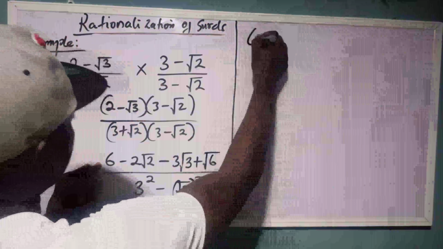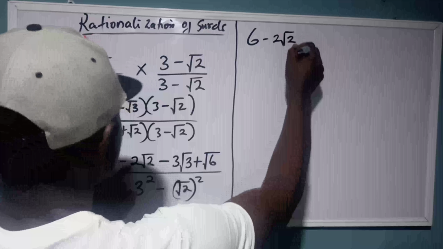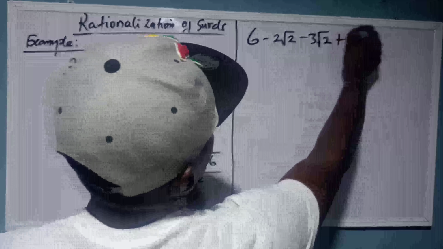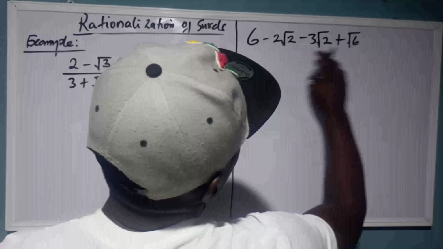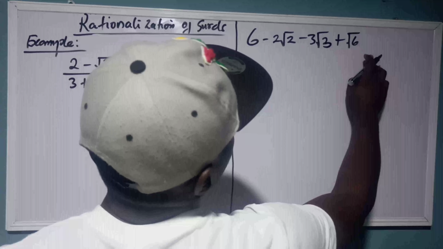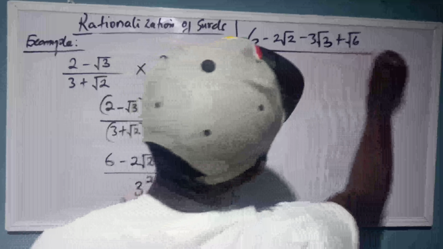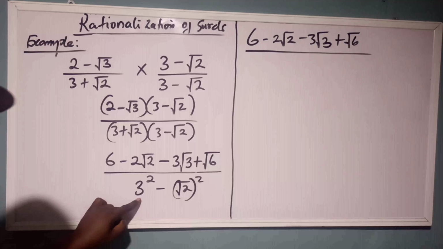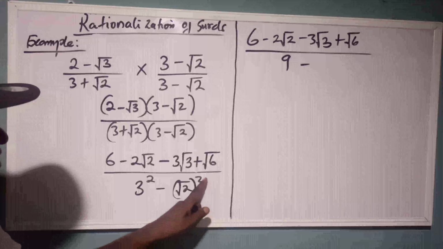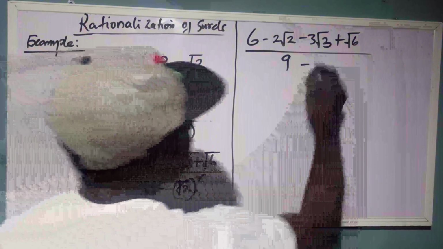Here we're going to be having 6. This is negative 2 root 2, negative 3 root 3, plus root 6. Since all these surds are not having anything in common, we leave them that way, right? All divided by, let's work out this. This is 3 squared, and that's 9. This square is going to take away the square root. So if it does, we are only going to be left with 2.